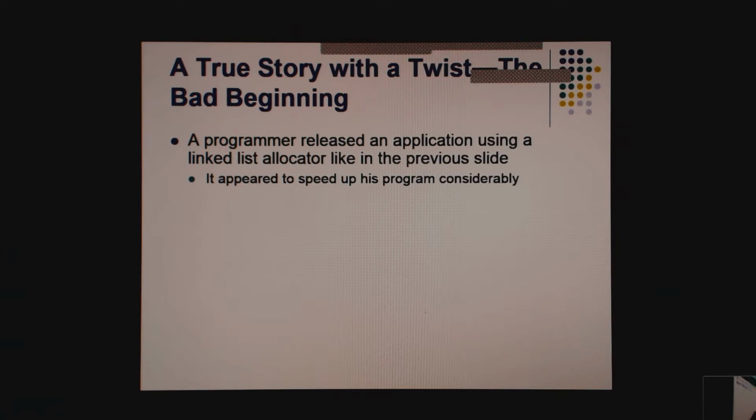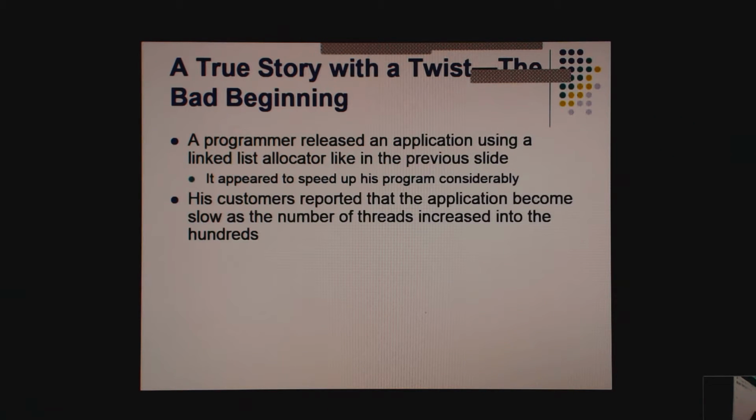So my friend wrote that allocator for his class, and it appeared to speed up his program considerably. Went to market, and his customers reported that the application became slow as the number of threads increased into the hundreds.